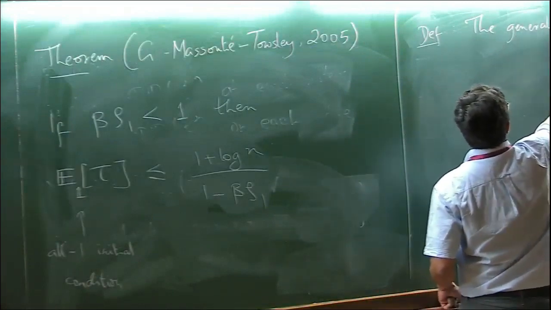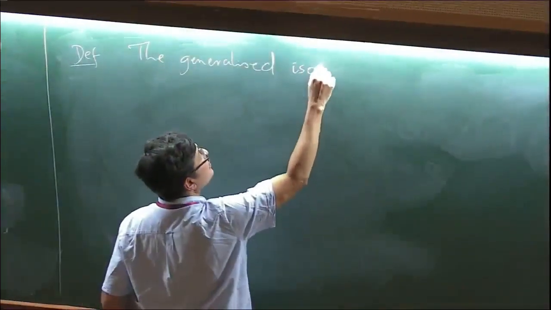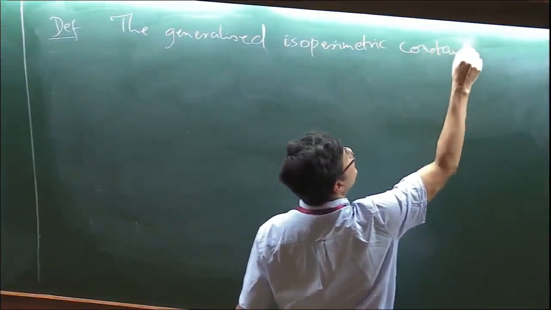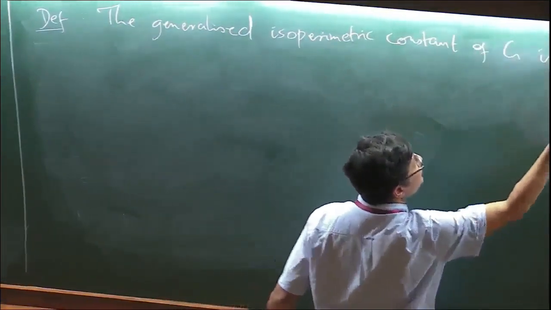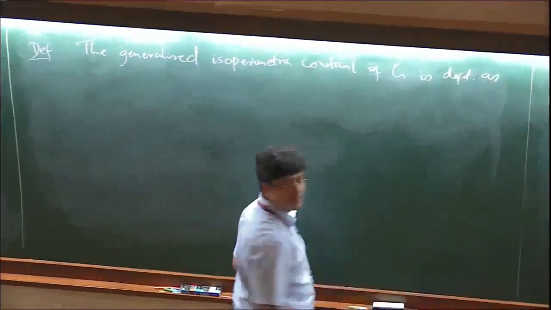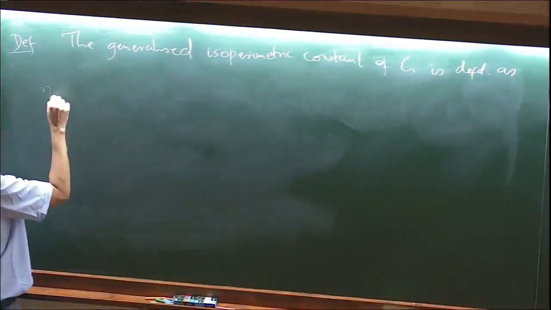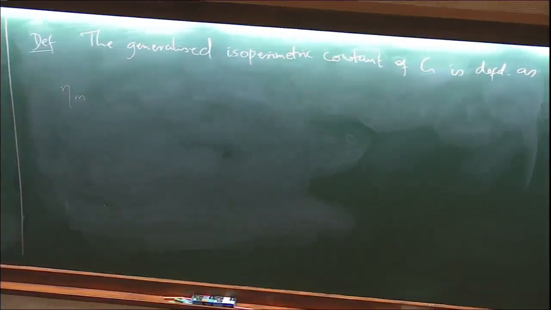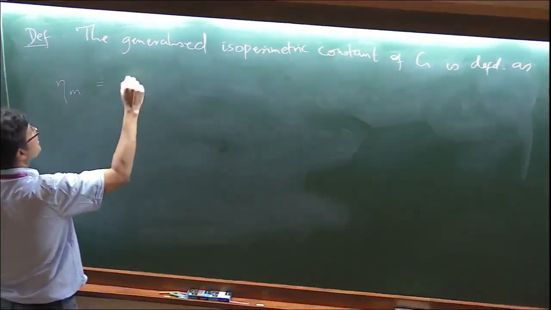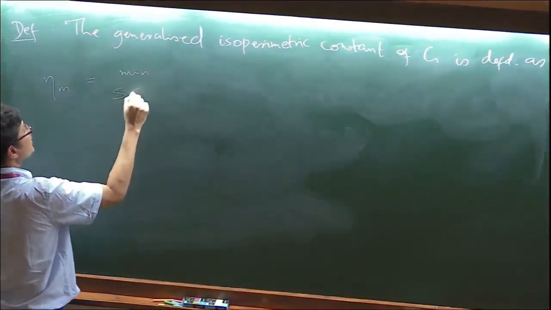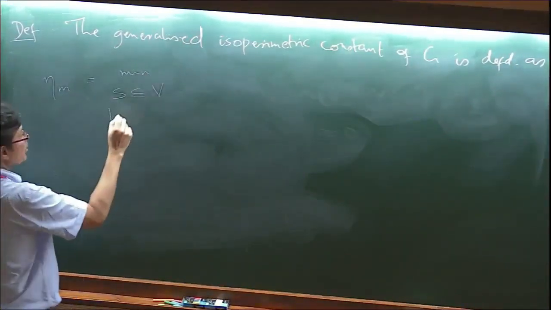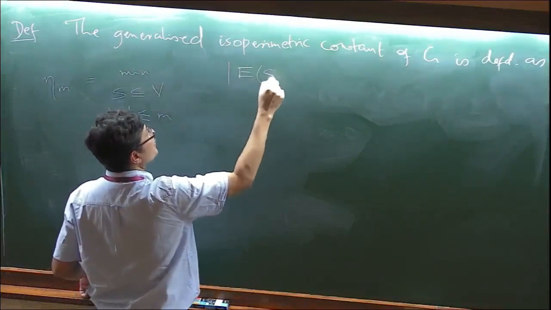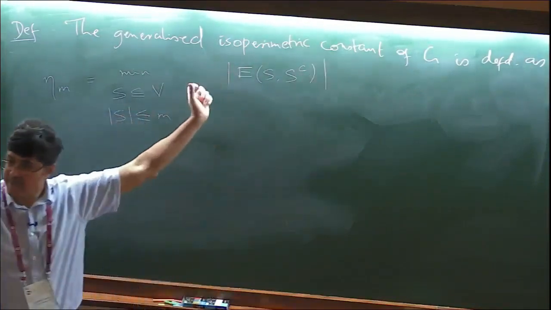So the generalized isoperimetric constant: we are going to introduce an extra parameter to define this, some number m, and it's going to be the minimum over all subsets S of the vertex set of cardinality at most m of... okay, so this is an edge isoperimetric constant.